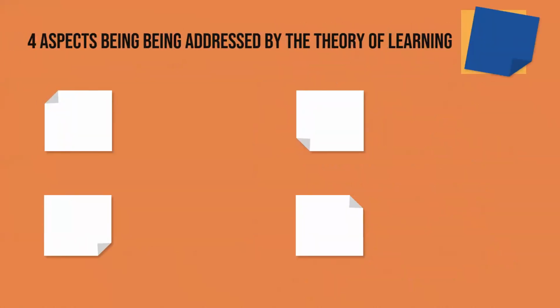Okay, so the last part of this constructivist theory is the 4 aspects being addressed by the theory of learning. The first one, predisposition to learn, the readiness for learning.